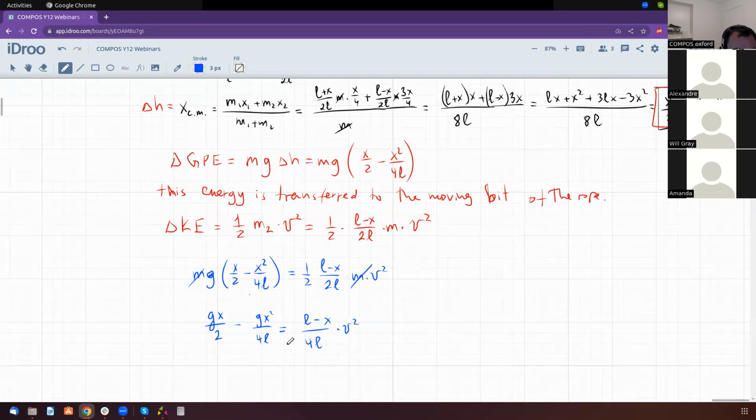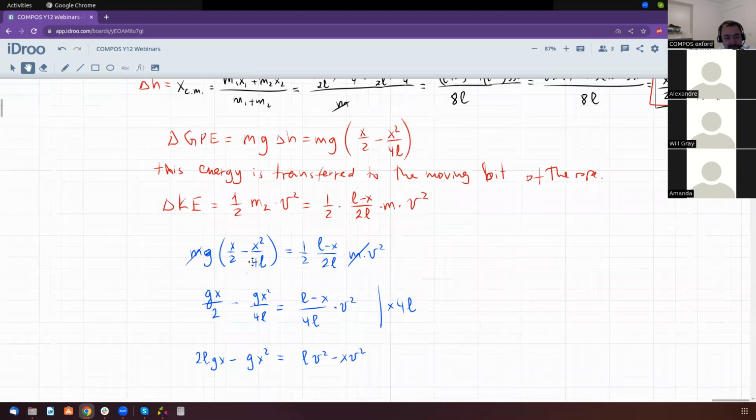And we can multiply the whole thing by 4L, and that's going to be 2LGx minus Gx squared equals Lv squared minus xv squared.